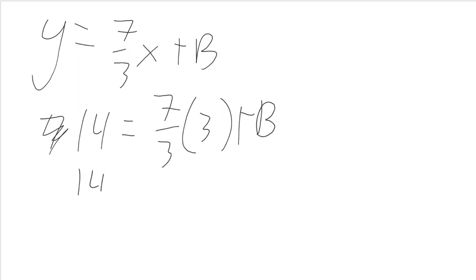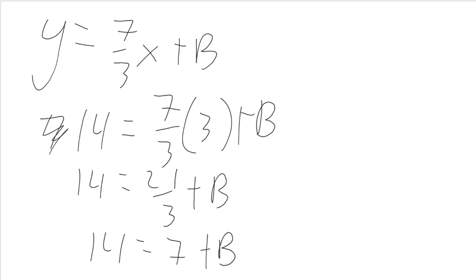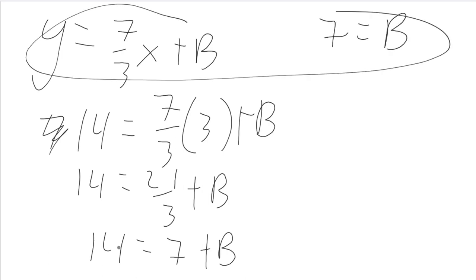Multiply. Divide. And then 7 plus b equals 14. So if I subtract this 7 over, I get that b is 7. And then I put these two together to find that y is 7/3 x plus 7.